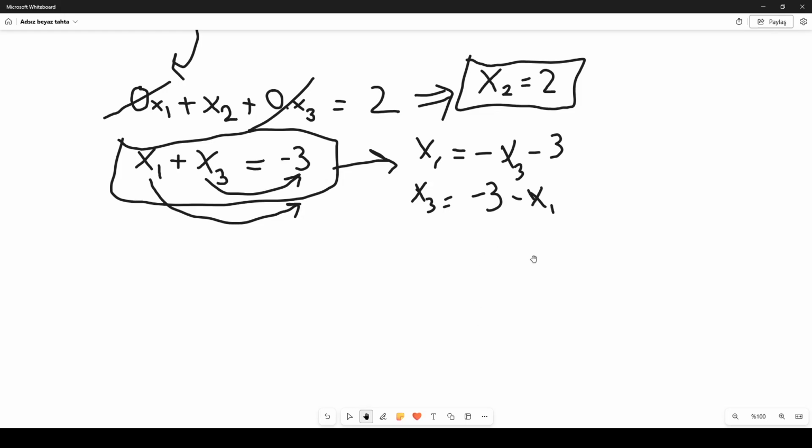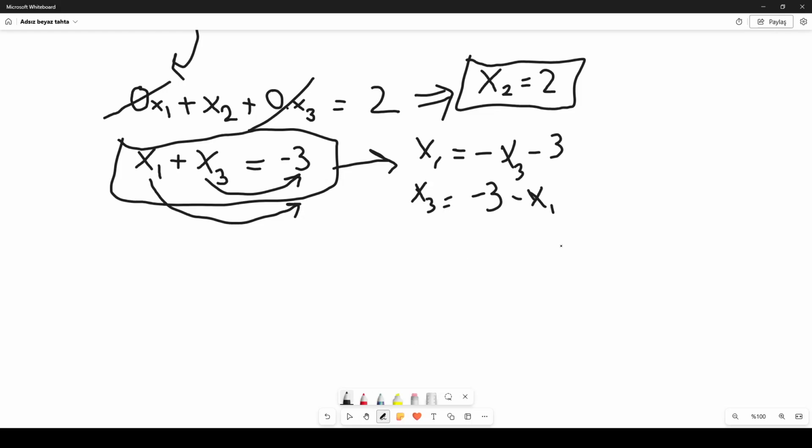Here you can see that x1 and x3 can take on any real values as long as they satisfy this equality, right? And since there is no restriction on the set of values for these unknown variables, they can take any real value, and the set of real numbers includes an infinite number of elements. So what should I do?